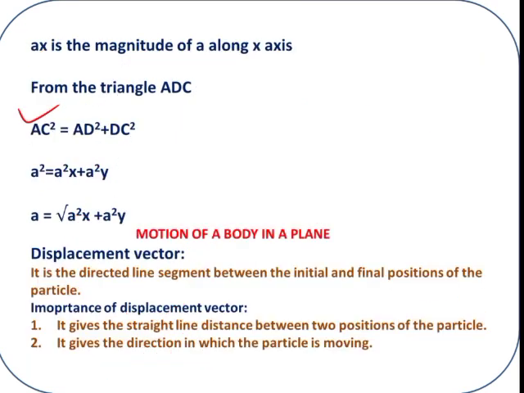Now we know what AD and DC are. Substitute the value of AC, that is A, and AX square, AY square. Then A is equal to the square root of AX square plus AY square. So this is the magnitude of the vector, from the resolution of vector. This expression is important, so you have to remember this.